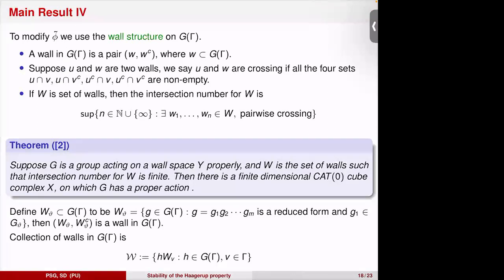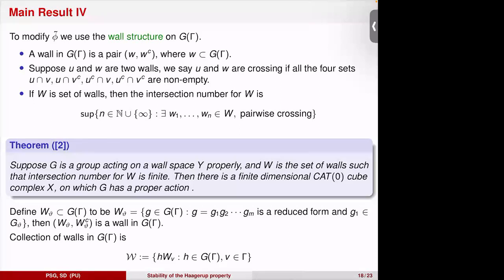Having a wall structure gives us a well-defined cat0 cube complex on which the group can act. And this result was due to Chatterji and Niblo. So what is a wall structure?